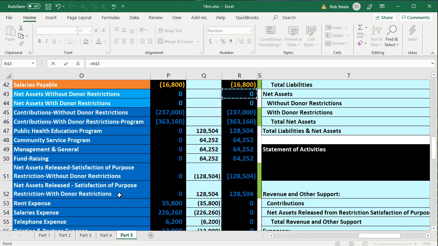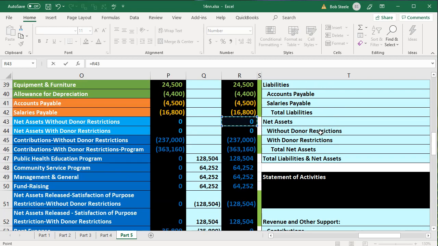If this was like retained earnings or capital for a for-profit organization, this would be whatever it is before the activity of the current time period. Therefore, the beginning number, nothing would be posted to it unless something kind of unusual happened where you posted something to kind of like the retained earnings or capital account. In this case, nothing was posted to it, and it was the first year of organization. Therefore, the beginning numbers are 0.